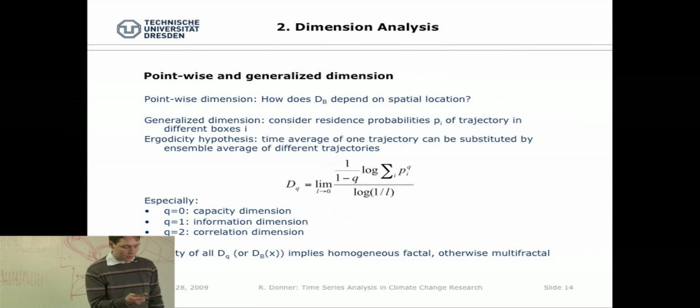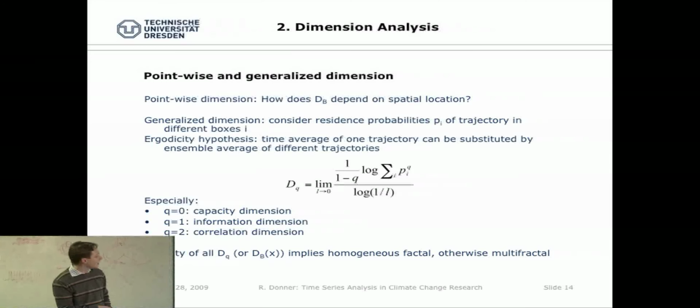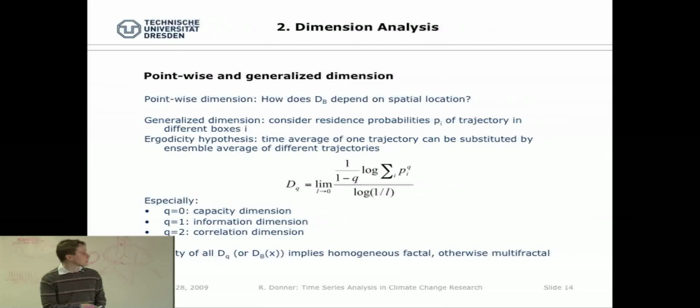So it's a certain generalization. The point is, we can then compare the values of these different generalized dimensions. If they have the same value, we have again some fractal behavior, very similar to the long-term persistence which we had in the morning lecture today. If these different generalized dimensions do not have the same values, we have a more complicated structure, a so-called multifractal structure.